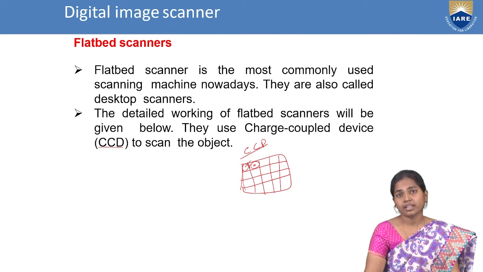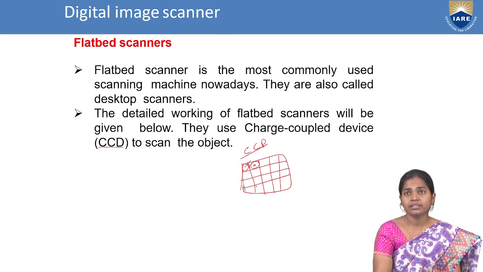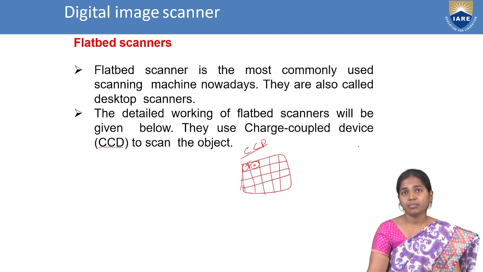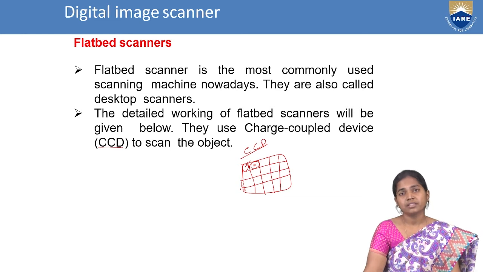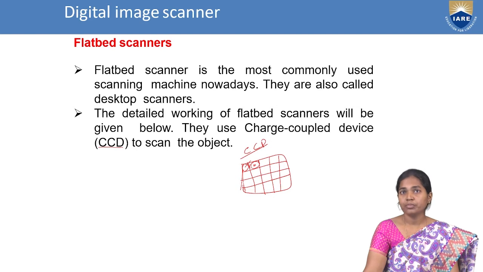When the number of sensors is increased, maximum light energy falls on the sensors, and the charge coupled device can absorb the maximum light energy, which gives maximum output. So when the number of sensors increases, it gives a maximum output voltage. Maximum light energy falling on the sensor gives a proportional output voltage.